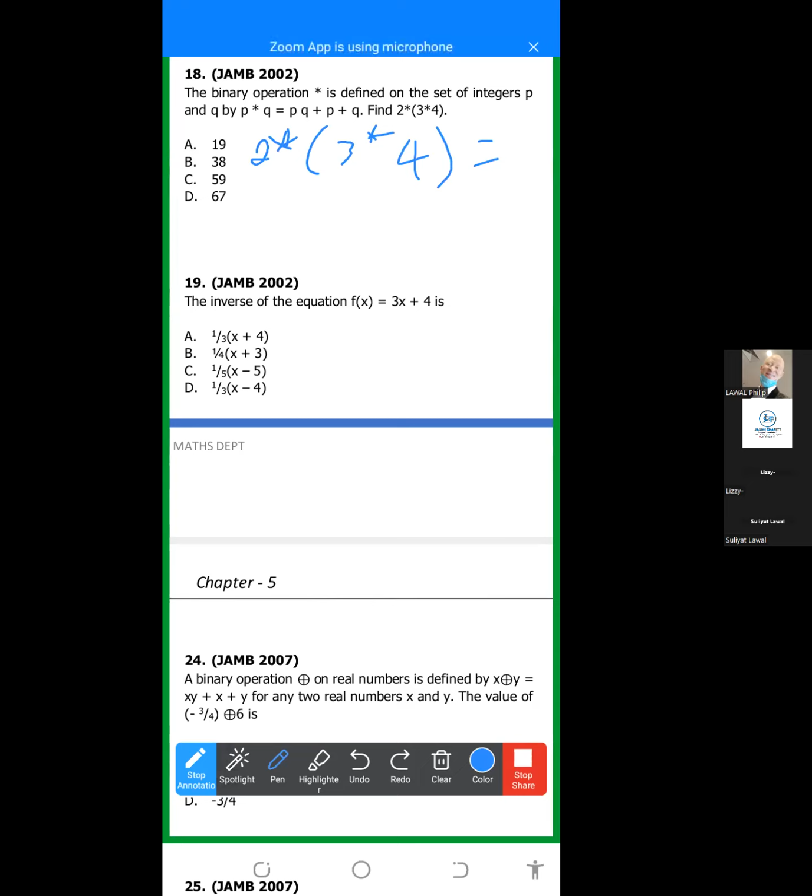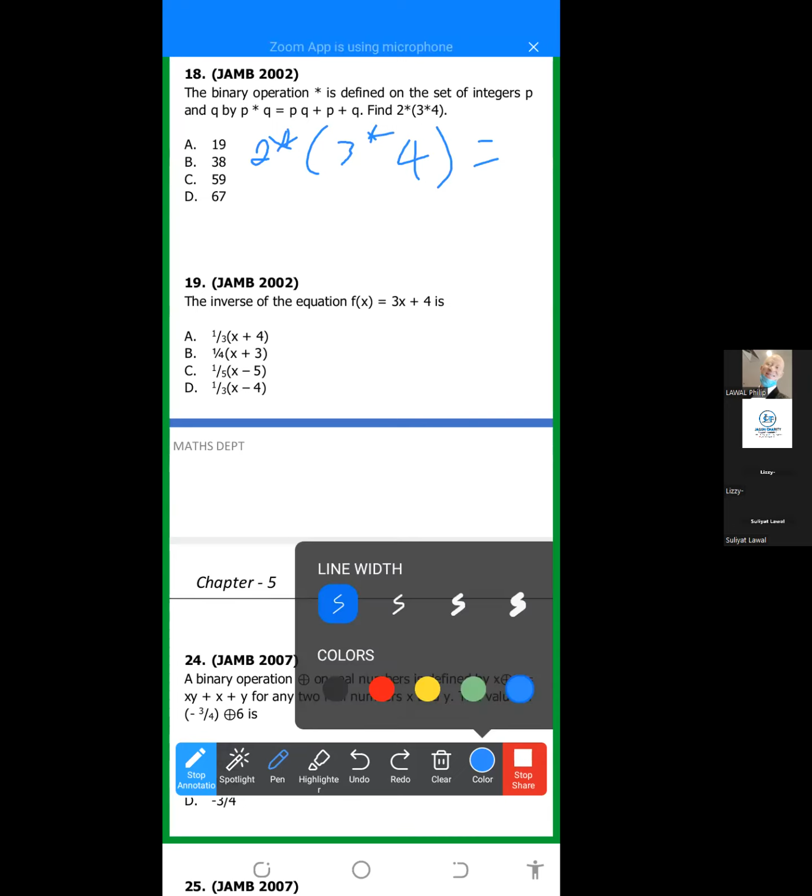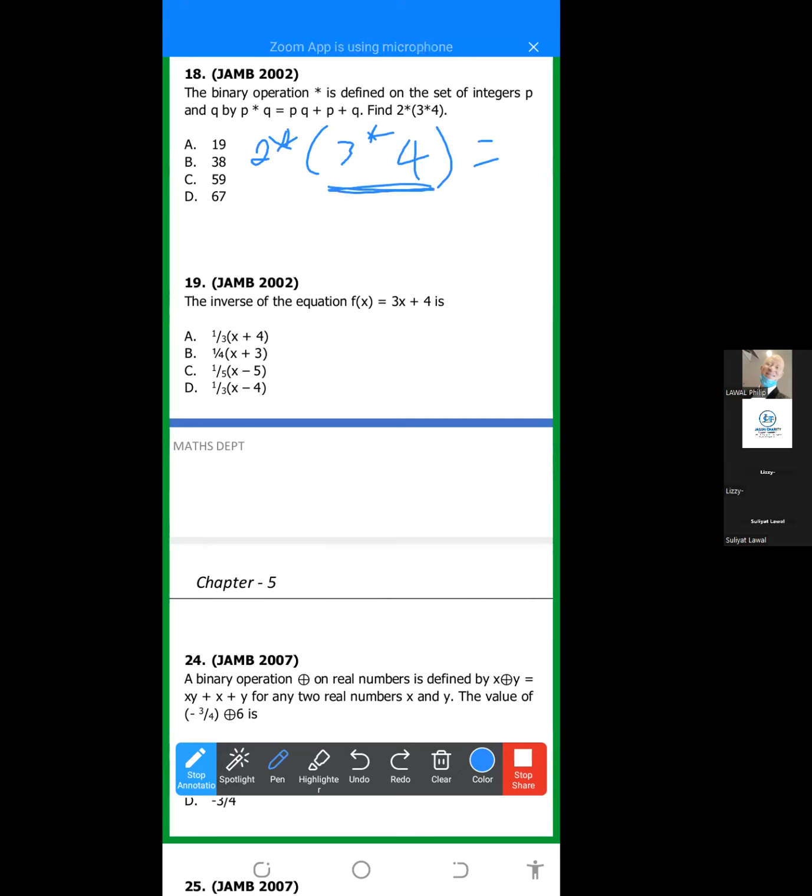In the real sense, when you are solving board math, you have to do what is in the bracket first. Then we expand 3 star 4 in the order that they expanded P star Q in the question. The way they have expanded this here is the way we are going to expand what is in the bracket. So your 3 will be P, your 4 will be Q.